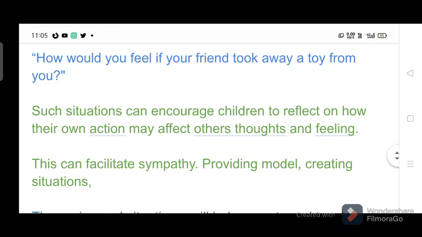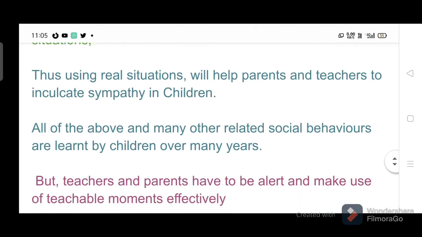Such situations can encourage children to reflect and put themselves in that position, and think what the other is going through. Like this, as a teacher and as a parent, you can use real life situations to help children understand and inculcate empathy.